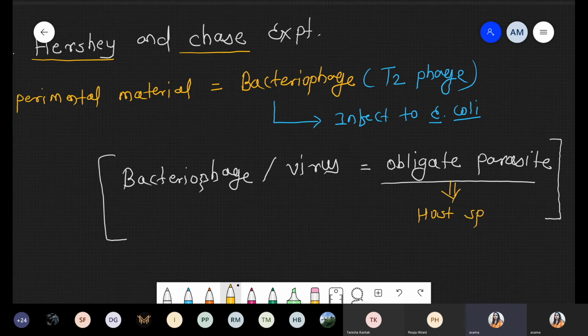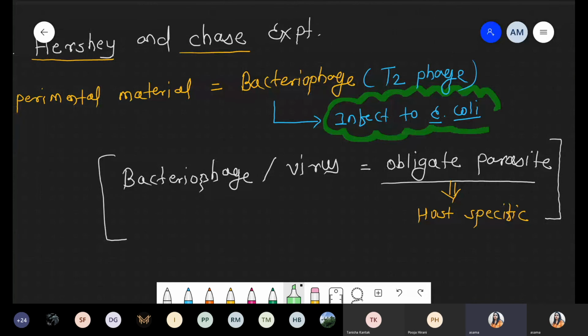वही host चाहिए. And whenever we are talking about bacteriophage, the host of that bacteriophage is a specific bacteria, that is E. coli. And what is the meaning of bacteriophage? Bacteriophage means ऐसा phage, ऐसा virus जो bacteria को खाएगा.